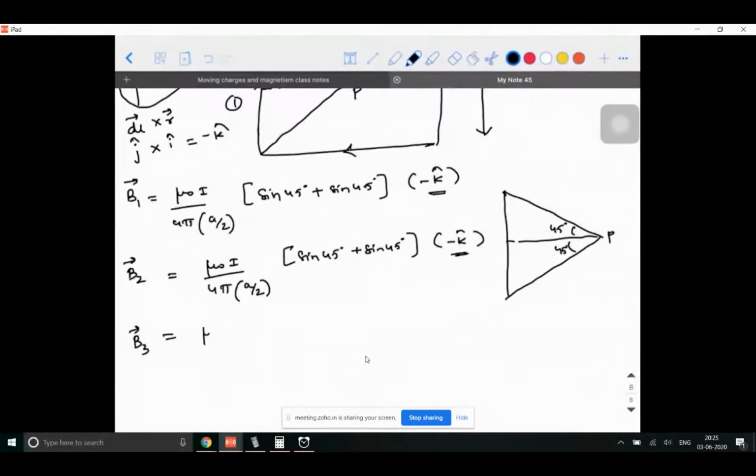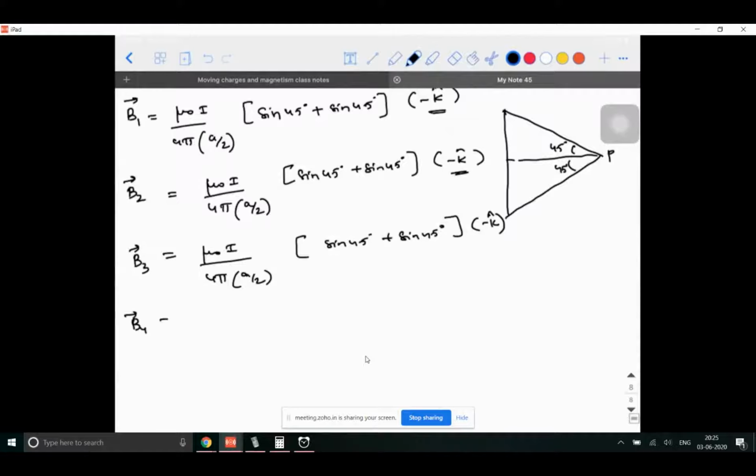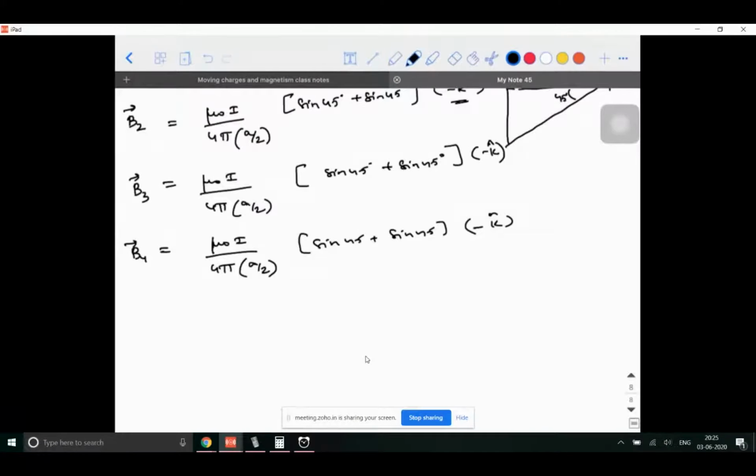Similarly, the B3 vector will be equal to mu naught I divided by 4 pi into a by 2 into the same sine 45 plus sine 45, in the direction of minus k cap. Similarly, the B4 vector will be equal to mu naught I divided by 4 pi into a by 2 into sine 45 plus sine 45, in the direction of minus k cap. What will be the sum of all the values? B1 vector plus B2 vector plus B3 vector plus B4 vector.